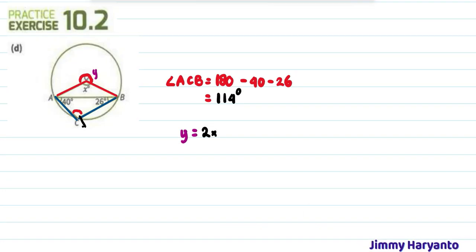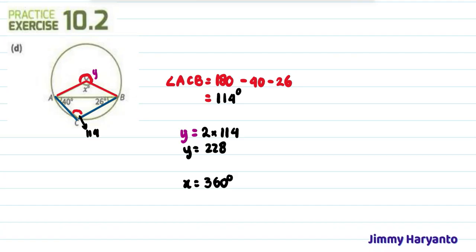The circumference angle is this one, which is 114. So 2 times 114, y equals 228. That is the y, not the x. To find the x, we only have to subtract 360 degrees minus 228. So the x will be 132 degrees. So this is the answer for D.